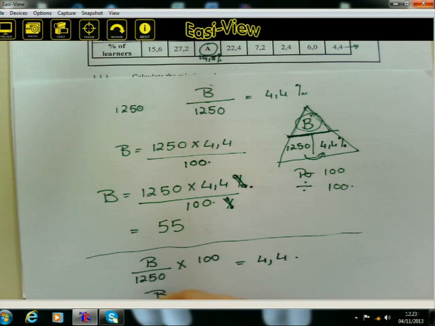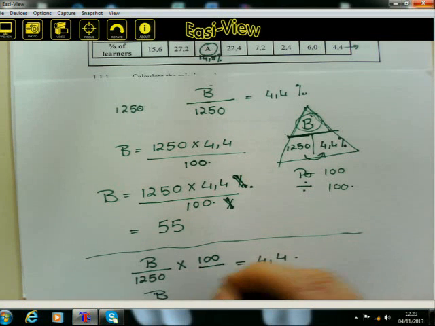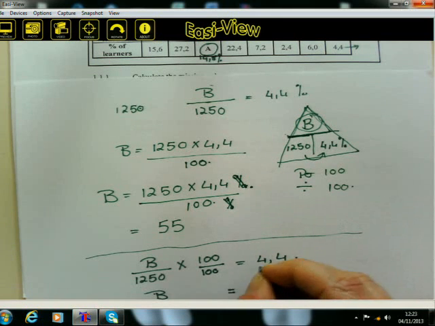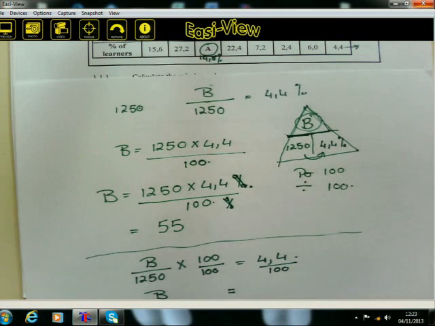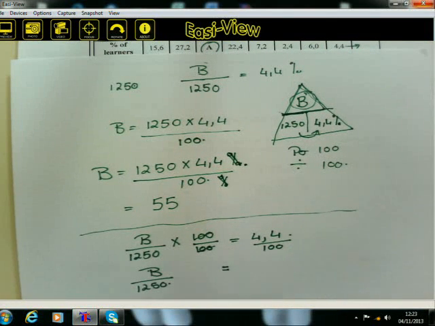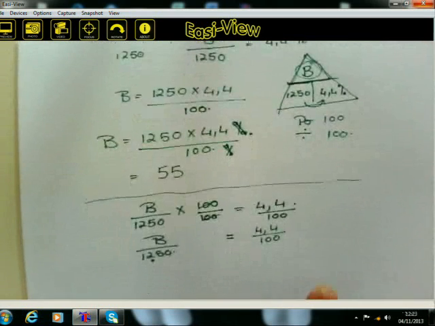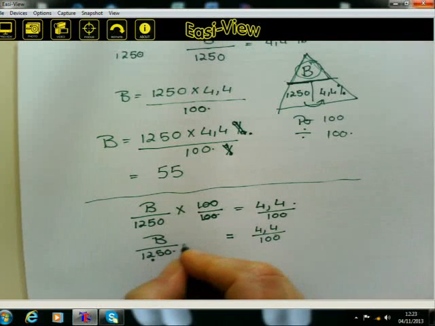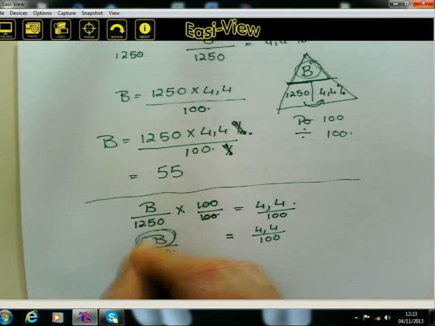So, I could have said B over 1250 is equal to, I want the 100 to be gone, so I'm going to divide by 100 on the left, then I must also divide by 100 on the right. This is just 1, so I get 4,4 over 100. The question is, what must I now do to take 1250 away? I only want B alone.